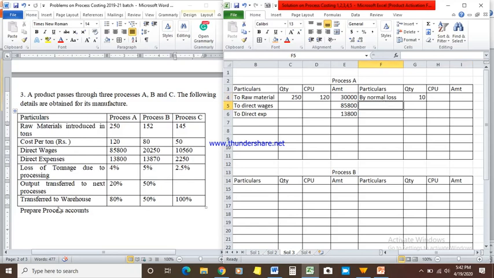Now next is about output: transfer to next process is 20%, transfer to warehouse is 80%.